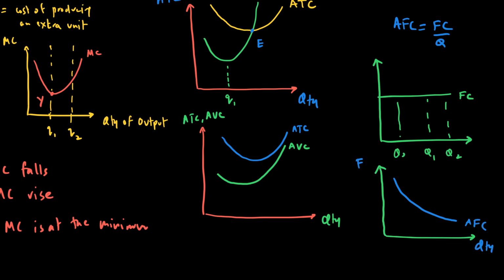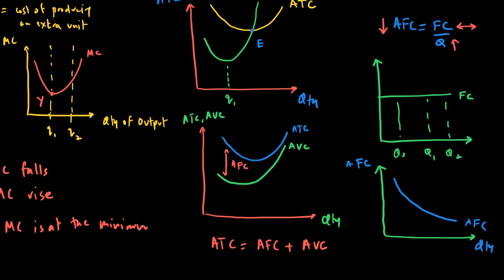The reason is very simple: fixed cost is constant and quantity is going up, so average fixed cost falls. So the gap between ATC and AVC is AFC, because ATC equals AFC plus AVC.